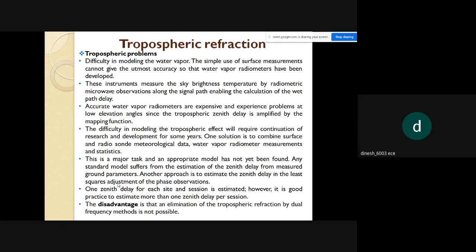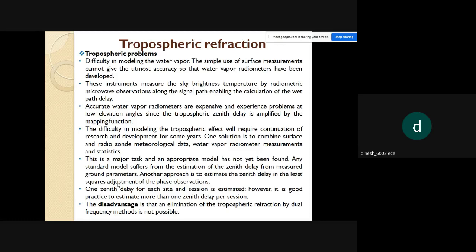The difficulty in modeling the tropospheric effects is a big task, and research has been going on for quite a long time. One way the solutions of tropospheric refraction could lead is to record radiosonde meteorological data, water vapor radiometer measurements and statistics.